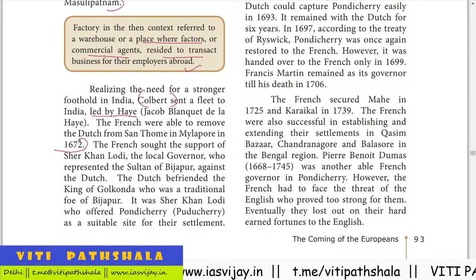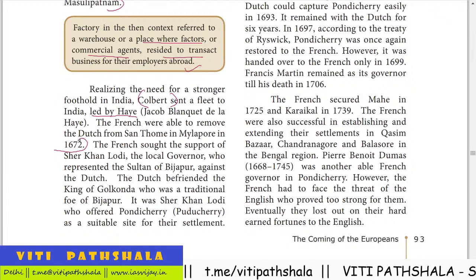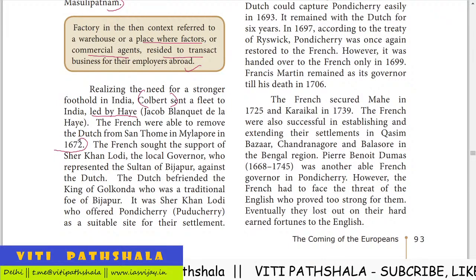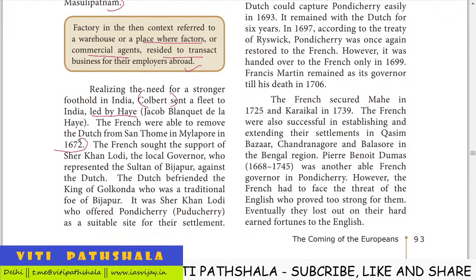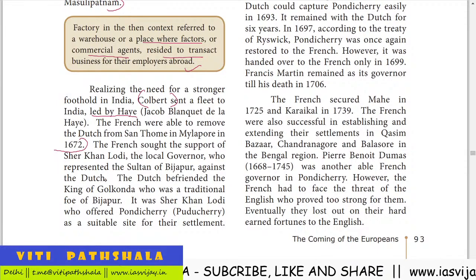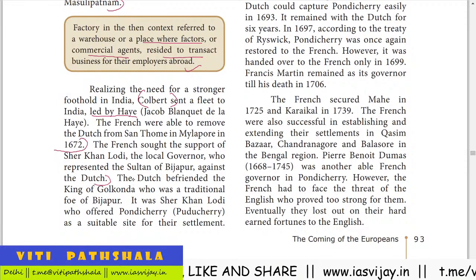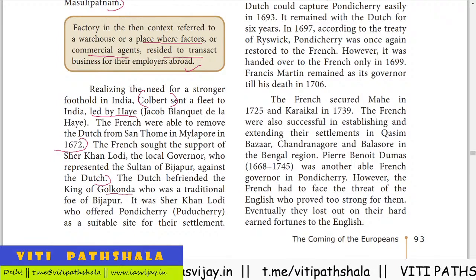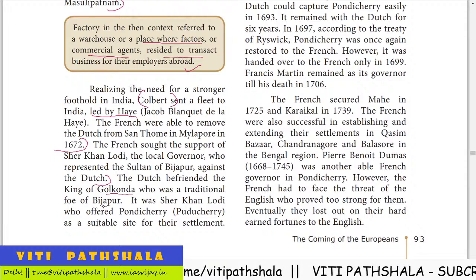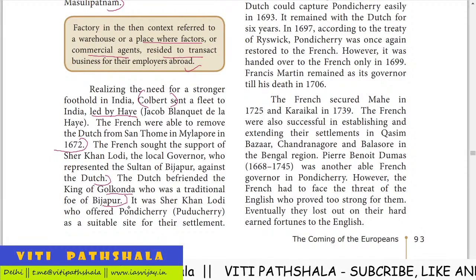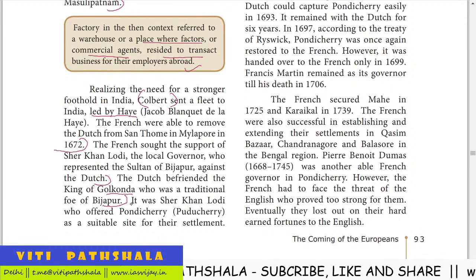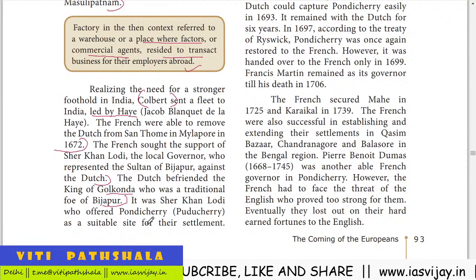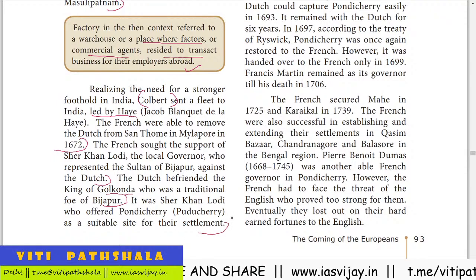The French sought the support of Sher Khan Lodi, the local governor who represented the Sultan of Bijapur, against the Dutch. The Dutch befriended the king of Golconda, who was a traditional foe of Bijapur. Now, it was Sher Khan Lodi who offered Pondicherry or Puducherry as a suitable site for the French settlement.